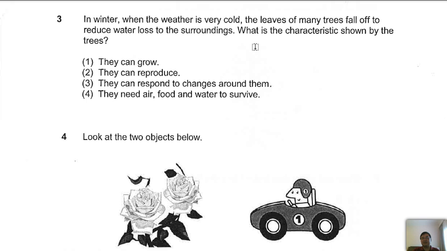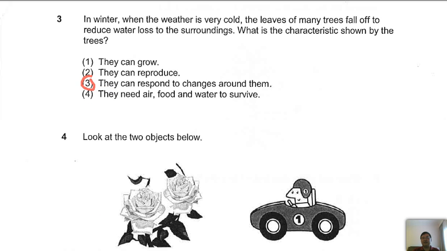This has something to do with responding, nothing to do with growth or reproduction, and it does not show anything about air, food and water to survive. Answer is 3. It is a sort of response. The plant says, I shed my leaves so that there will not be water loss from me.